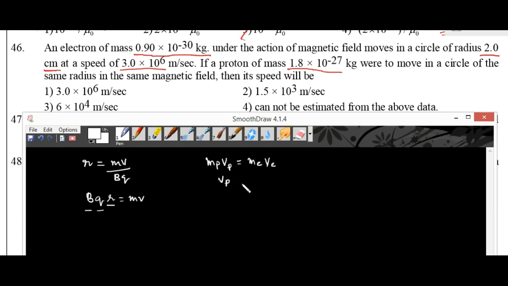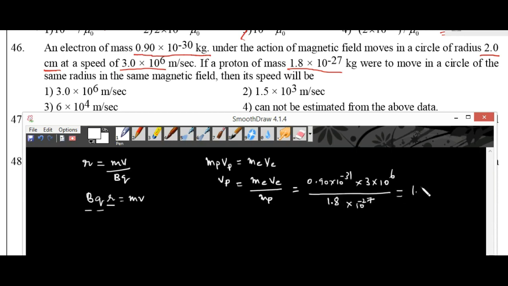So velocity of the proton is equal to mass of the electron into velocity of the electron by mass of the proton. Now these values were given, we will put the values: mass of the electron is 0.90 into 10 power minus 31, into velocity of the electron 3 into 10 power 6, by mass of the proton 1.8 into 10 power minus 27 kg.